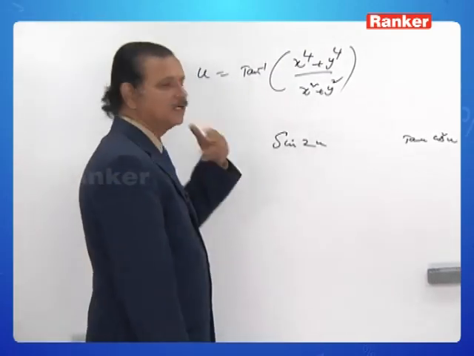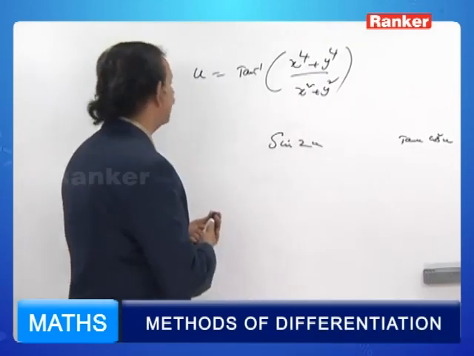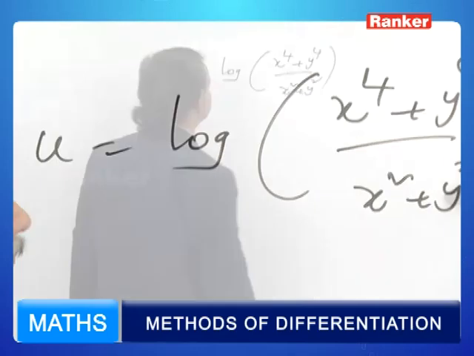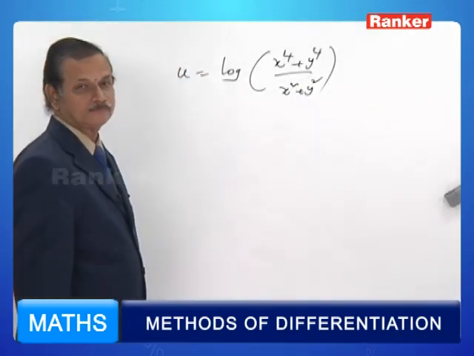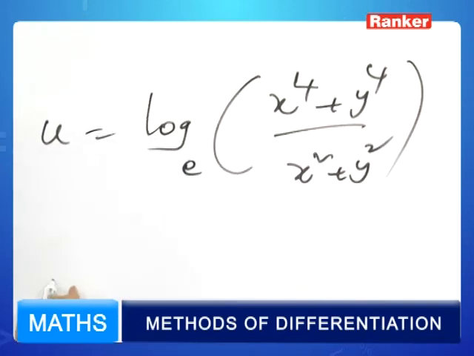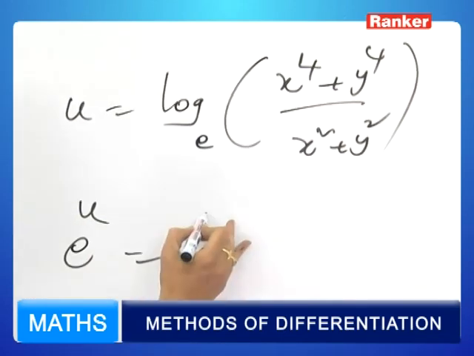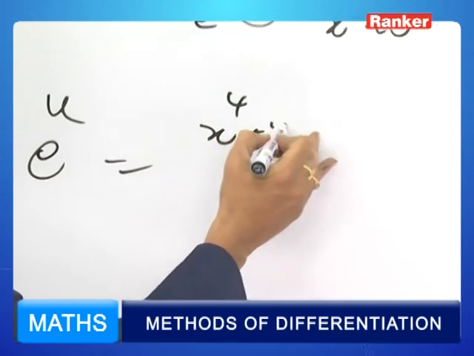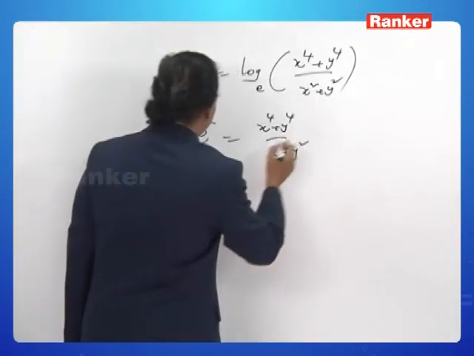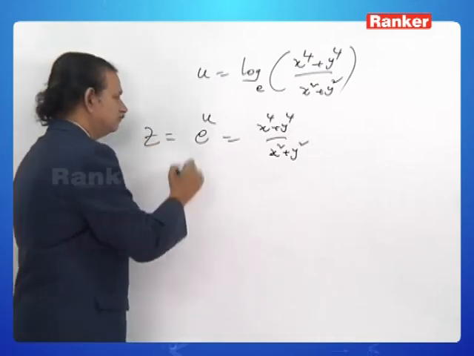Not only like that, suppose it is log of x power 4 plus y power 4 by x square plus y square. Then this is u, so e power u is equal to x power 4 plus y power 4 by x square plus y square. Call this z.